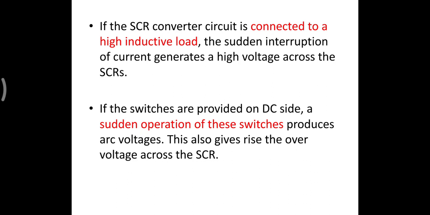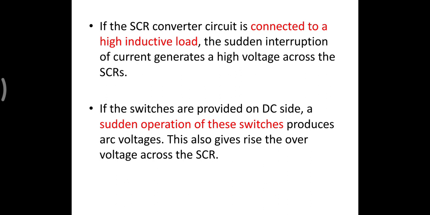The next point is that the SCR we are using is connected to a load. Suppose that load is a highly inductive load, then a sudden interruption causes the generation of high voltage across the SCR.